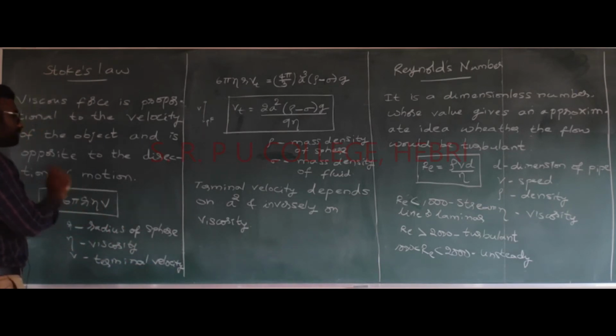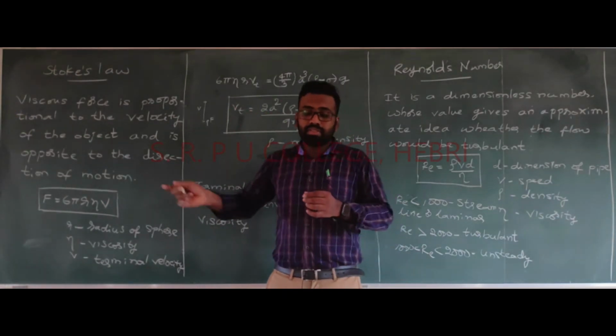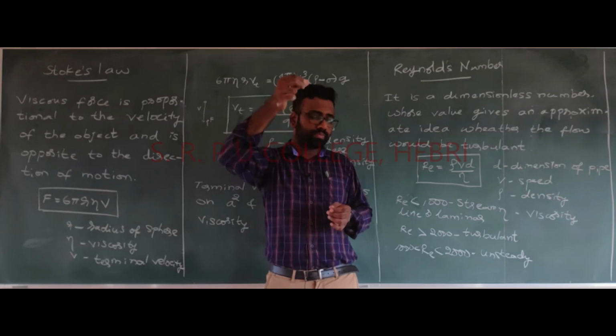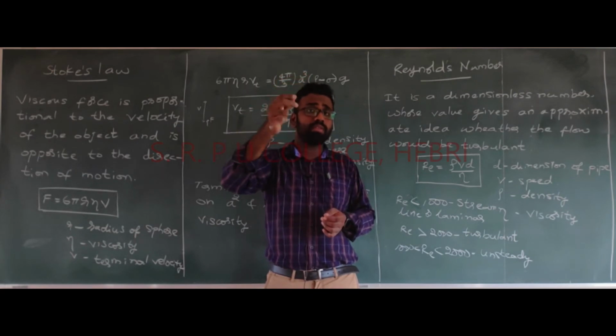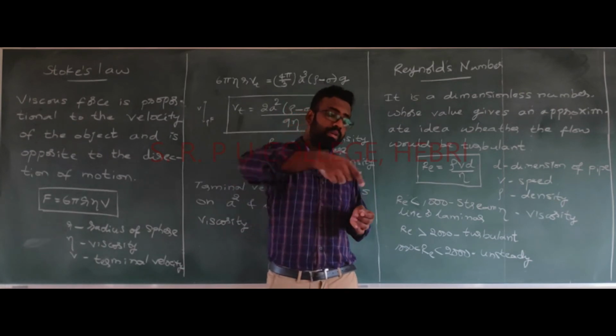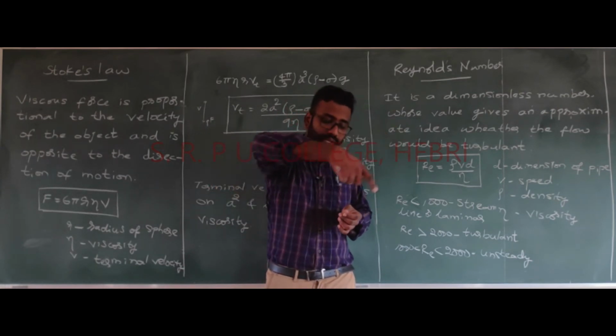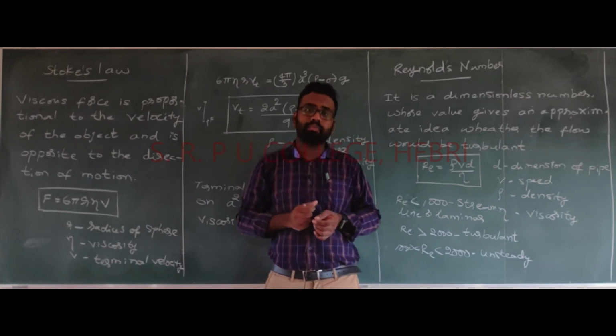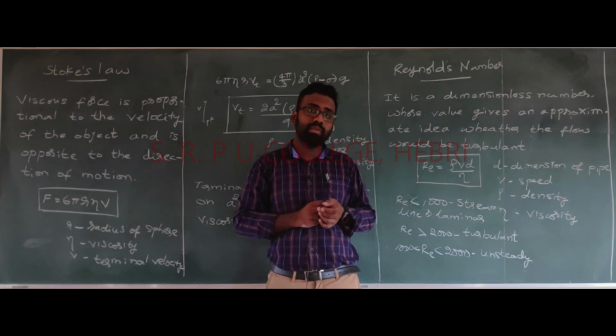Now, I will tell you about the terminal velocity. You can understand the same idea not just with the falling of an object in a liquid or gas. You can also consider the simple pendulum. You have seen this pendulum moving like this, and finally it stops at a particular time. Why does it stop?